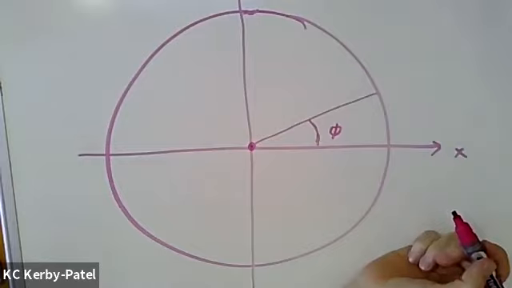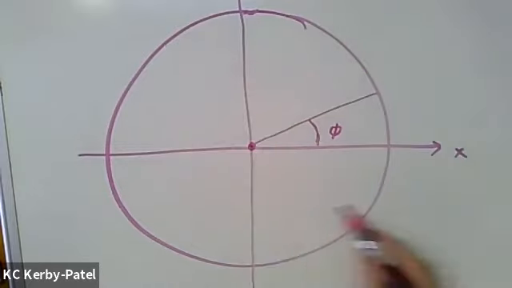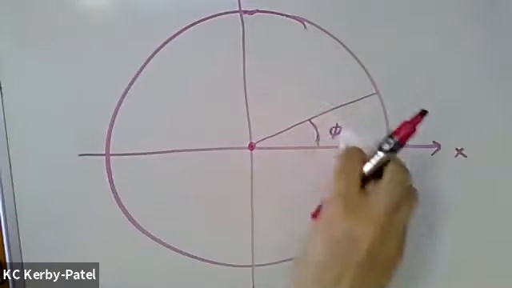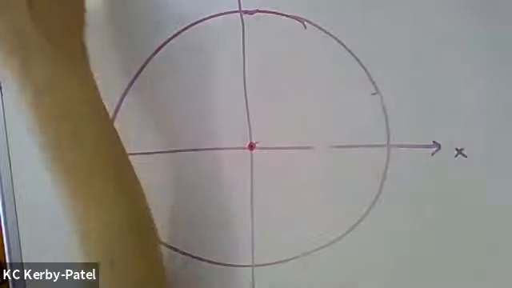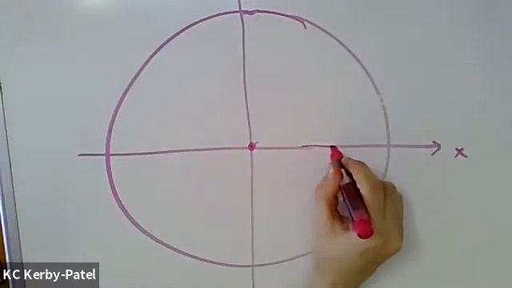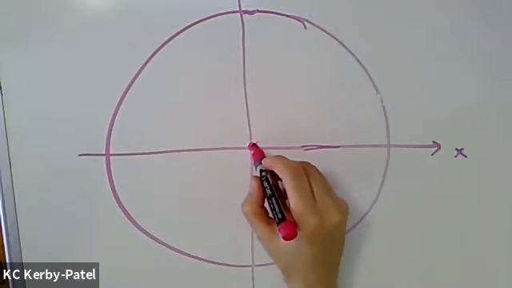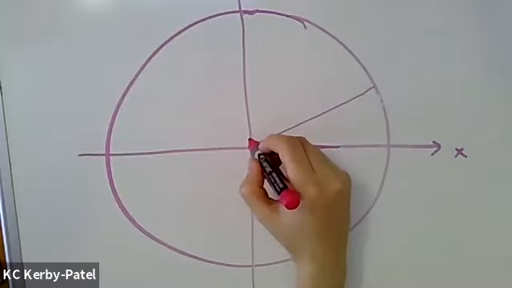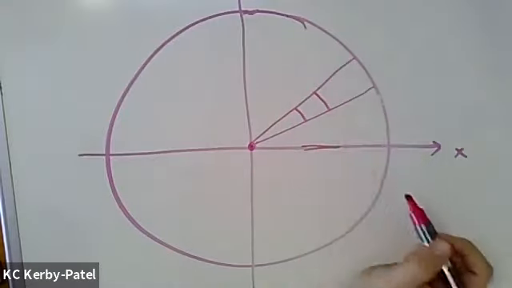So if I wanted to integrate something over the area of this circle, my differential surface element would be, let's say we're talking about this little section right there.